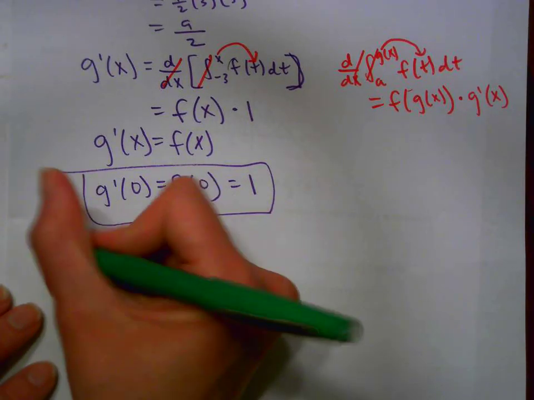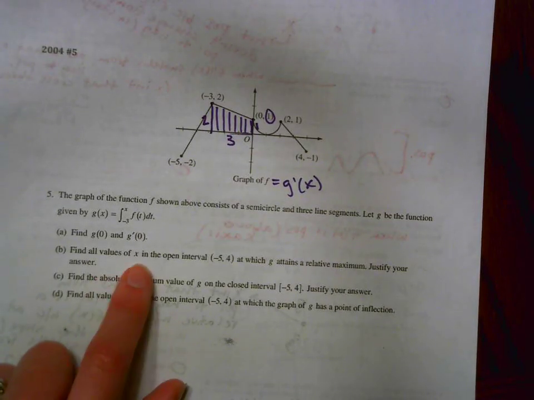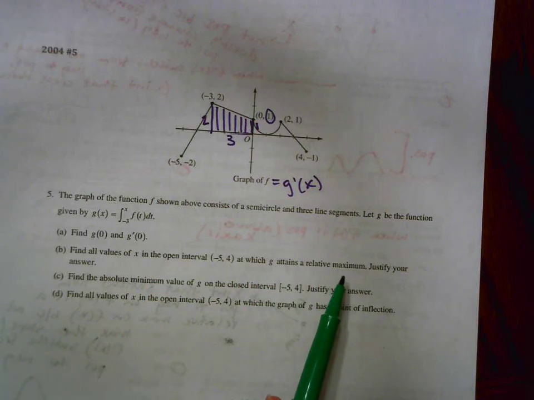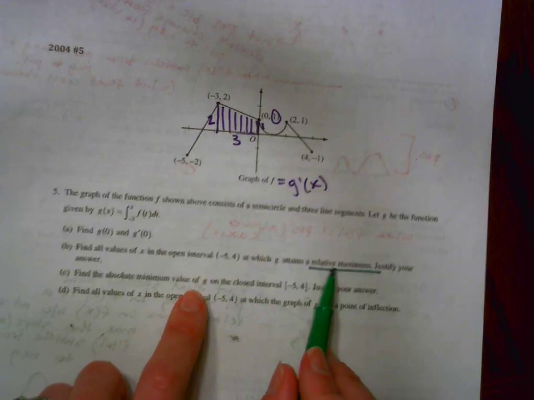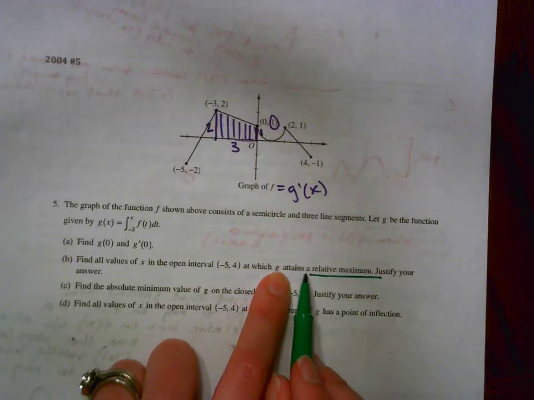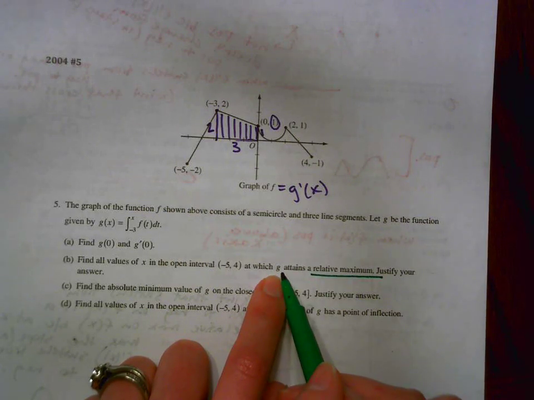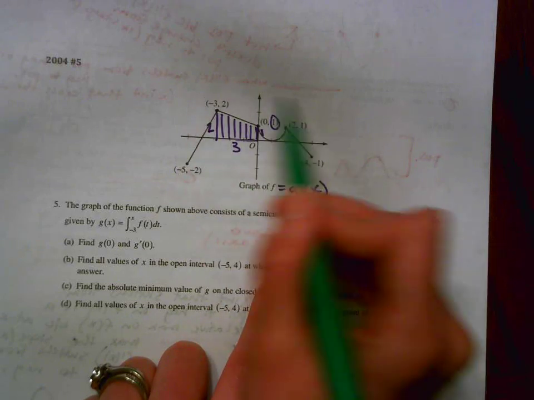Okay, so for part B, find all values of x in the interval at which g attains a relative maximum. So how do you know where you have a relative maximum? Because think about it, we're talking about g now, so we don't really want to think in terms of f, but how do we find a maximum of g given g prime, given the derivative graph?